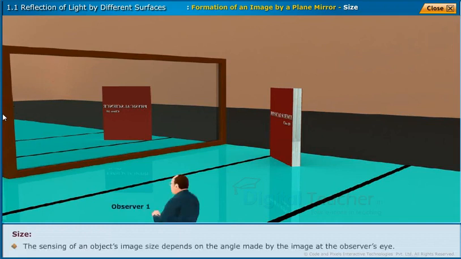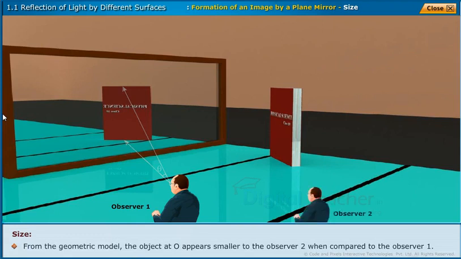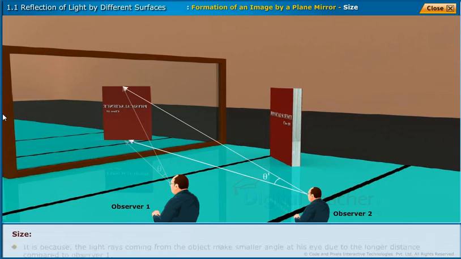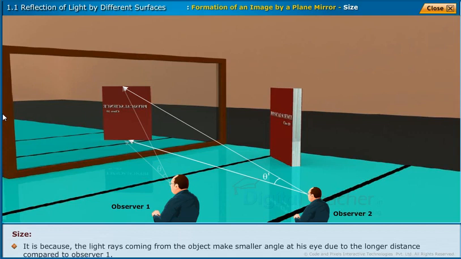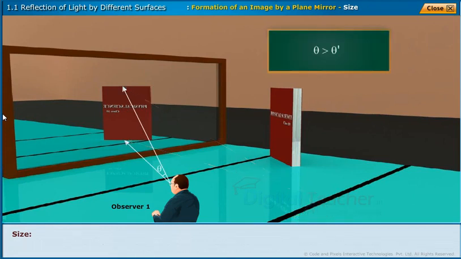Size. The sensing of an object's image size depends on the angle made by the image at the observer's eye. From the geometric model, the object at O appears smaller to the observer 2 when compared to the observer 1. It is because the light rays coming from the object make smaller angle at his eye due to the longer distance compared to observer 1.